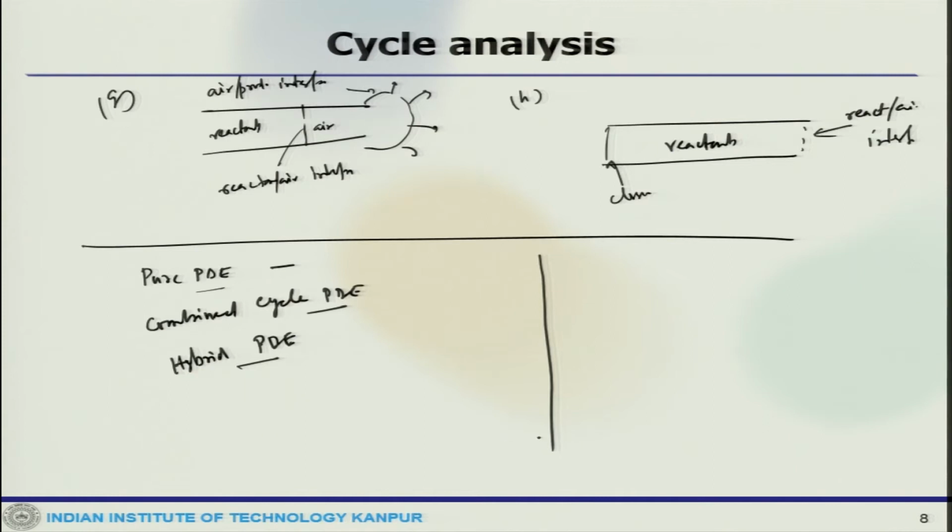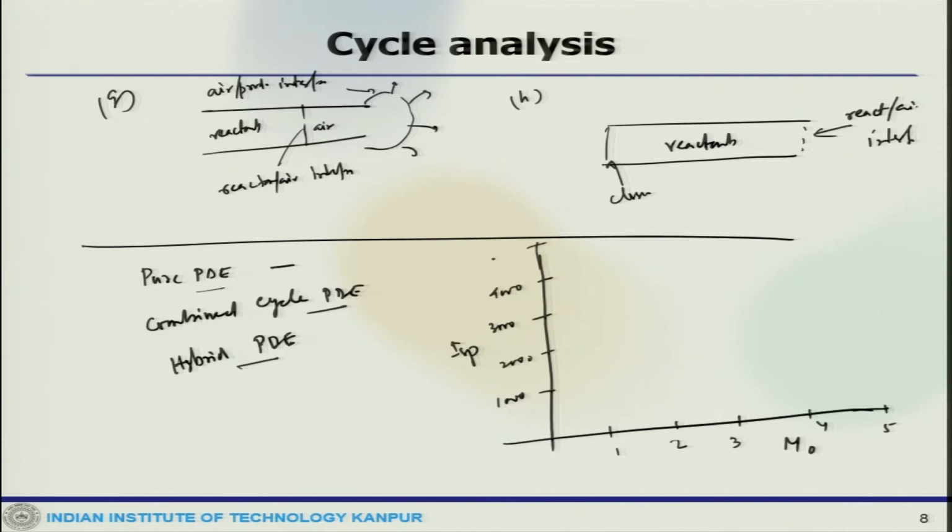one thing one can look at is, when you go by the Mach number, let us say this is 1, 2, 3, 4, 5, and this is ISP or specific impulse, let us say 1000, 2000, 3000, 4000, 5000, then this goes like this. These are for the ramjet for different fuels.